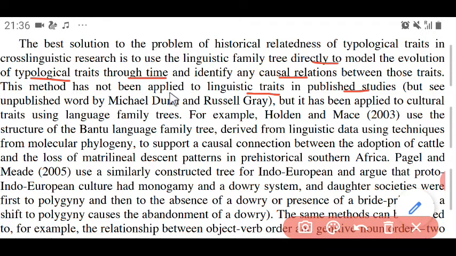This method has not been applied to linguistic traits in published studies, but it has been applied to cultural traits using language family trees.